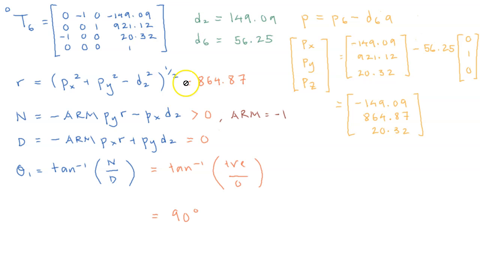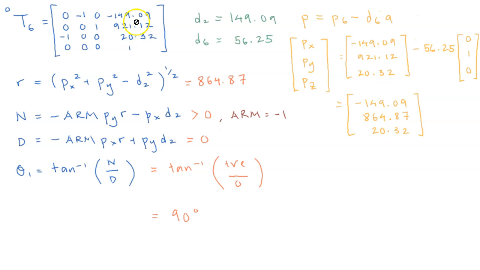We need D6 because we need to compute P, right? Here R requires Px, Py, and this is P, and P equals P6 minus D6. So this is from the DH parameters A. What is P6? P6 is the position vector of the origin of our coordinate frame 6.